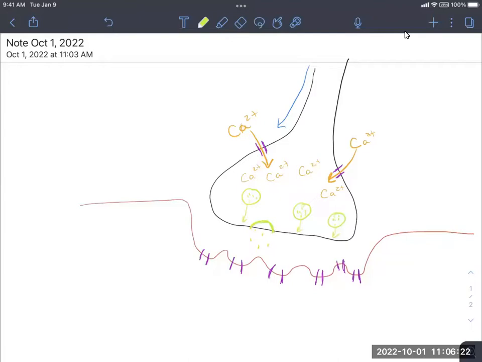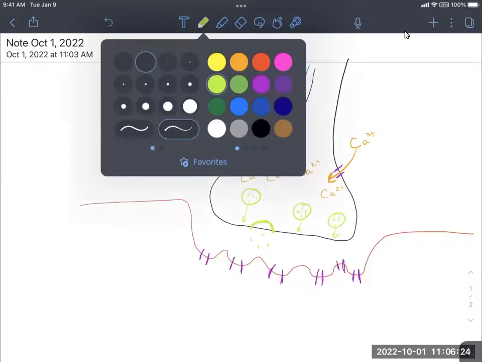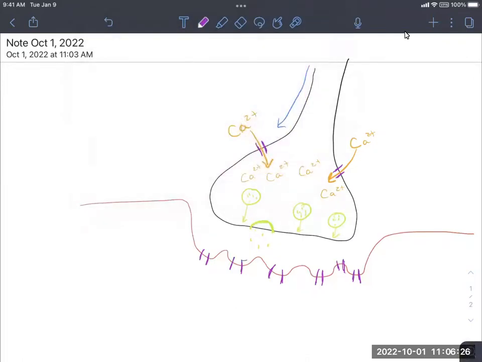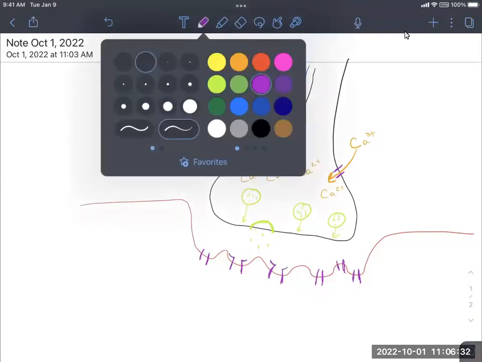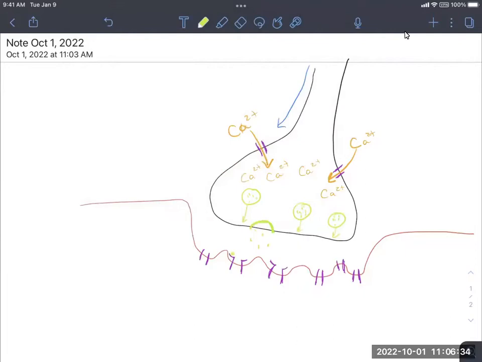The acetylcholine is going to combine to these ligand sites. These are technically closed until the acetylcholine binds.